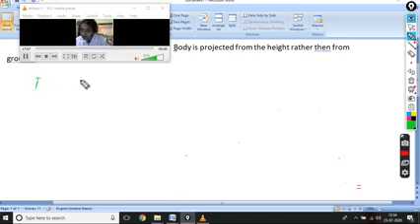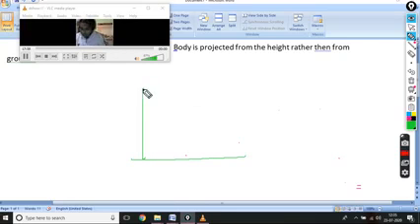Let's say this is a tower. Let's say a body is projected from the top of a tower. All right, this is the tower top.